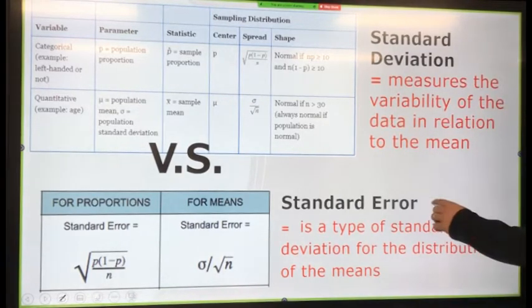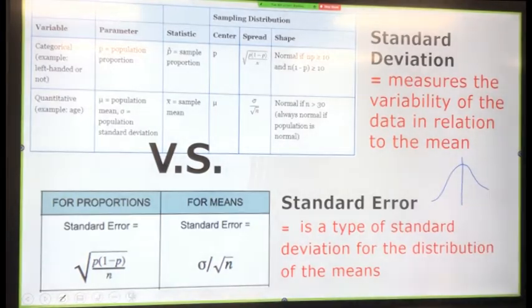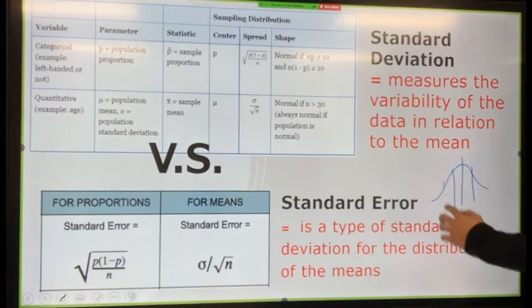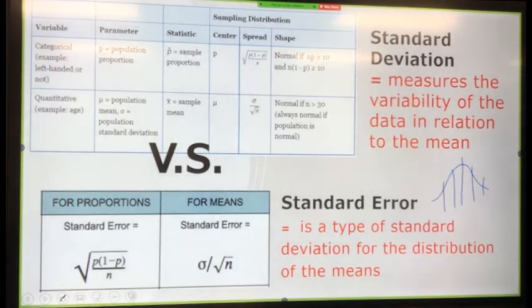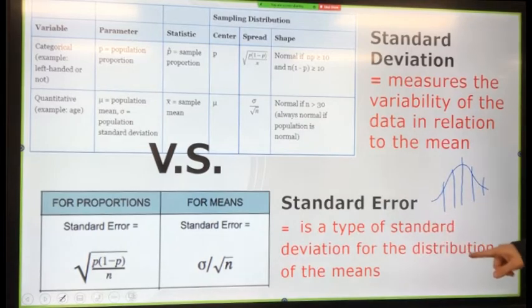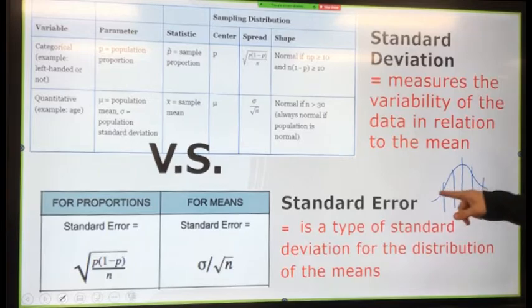I have my data, I have a mean, and my standard deviation is the distance from that: 1 standard deviation, 2 standard deviations, etc. Standard error is a type of deviation. It's from my distribution of the means. So I'm looking at all of my means and seeing what that becomes.